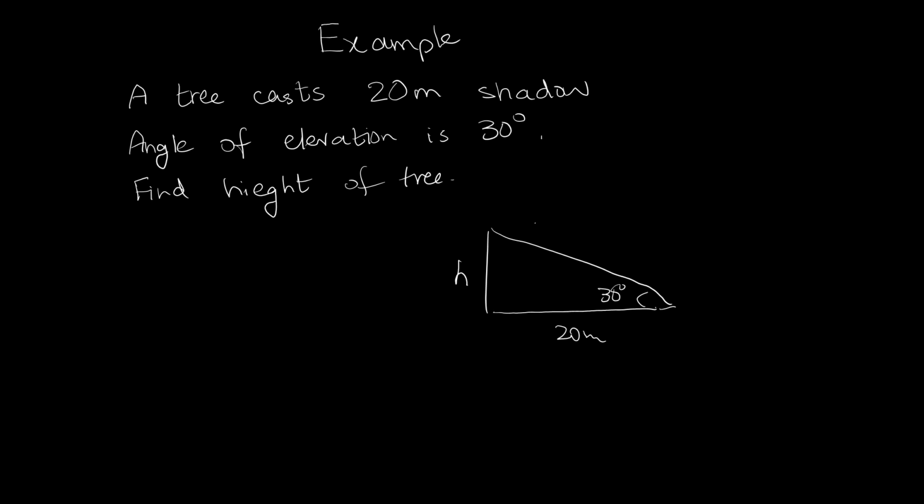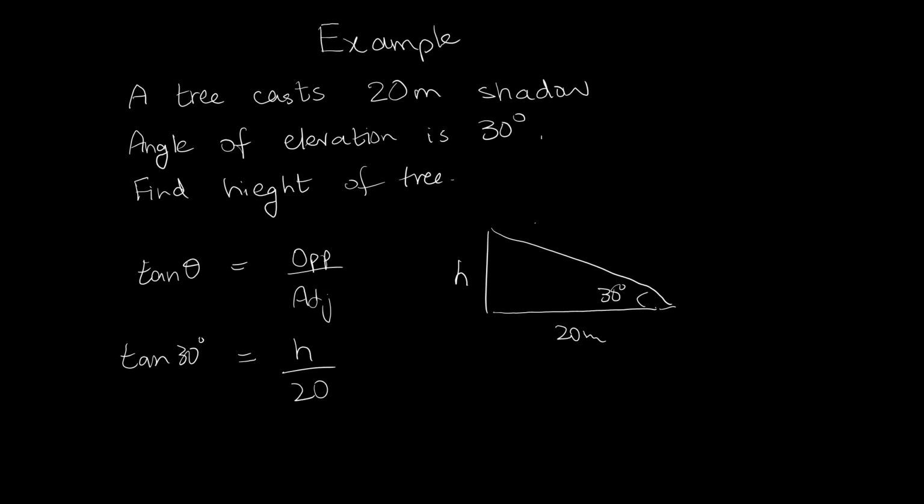Now we can use sine theta in this case, but for sine theta we need the hypotenuse, which we don't have. Therefore, tangent theta would be ideal. The opposite is height, adjacent is 20, and theta is 30 degrees.